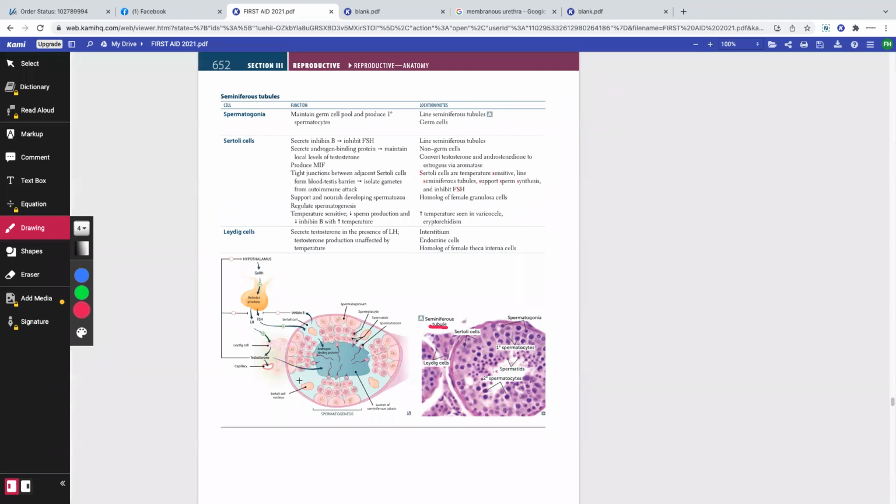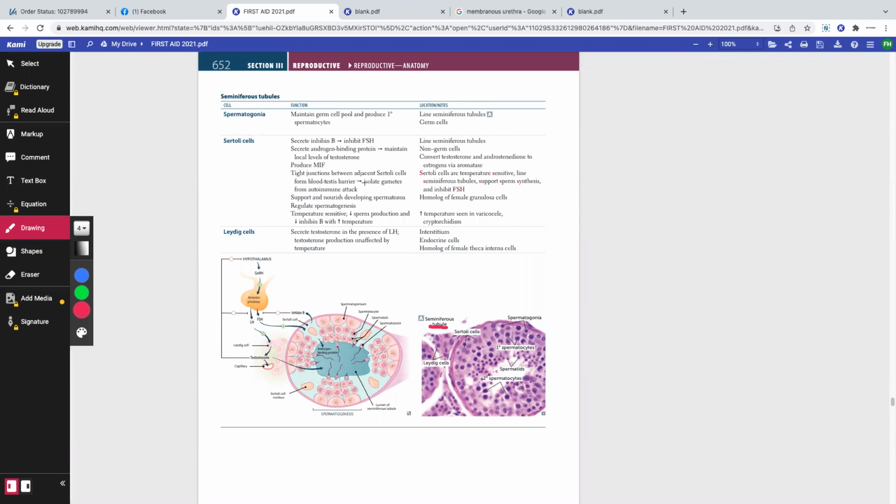All the tight junctions over here, this blue color in the seminiferous tubules, represent the extremely tight junctions in between the cells. The junctions are so tight that you cannot identify one cell from another. They appear as one single color because that's how tight they are kept. So tight junctions between the Sertoli cells form the blood testis barrier.